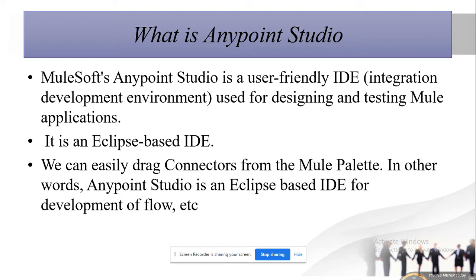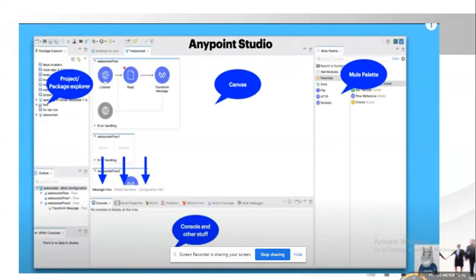Next, we will see the studio. This is what the studio looks like. We can see that there are four different sections. One is the project explorer, one is the canvas, the mule palette, and the fourth one is the console.